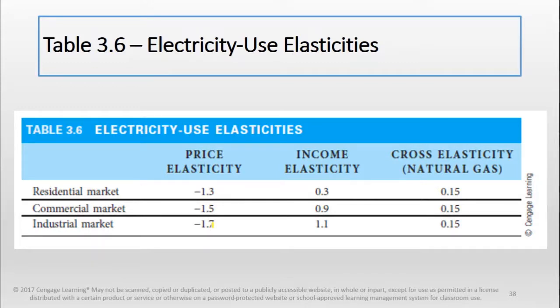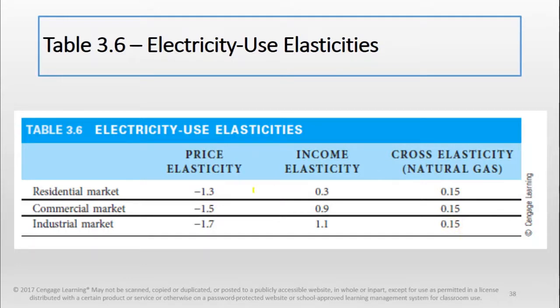Another thing you will notice is the cross elasticity. For natural gas, again, it is positive, 0.15.